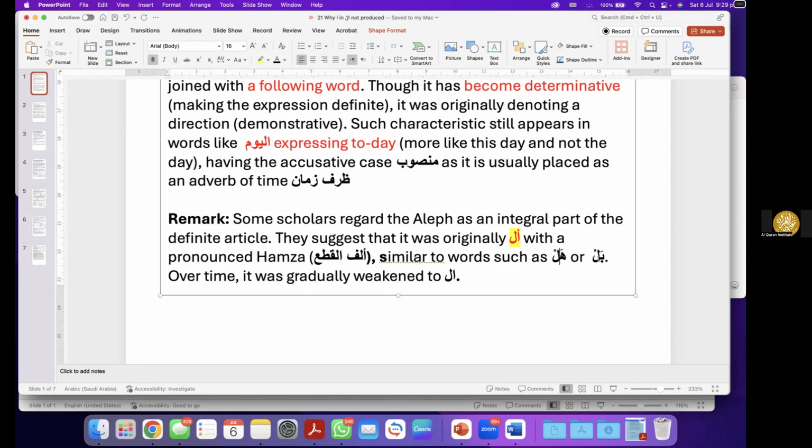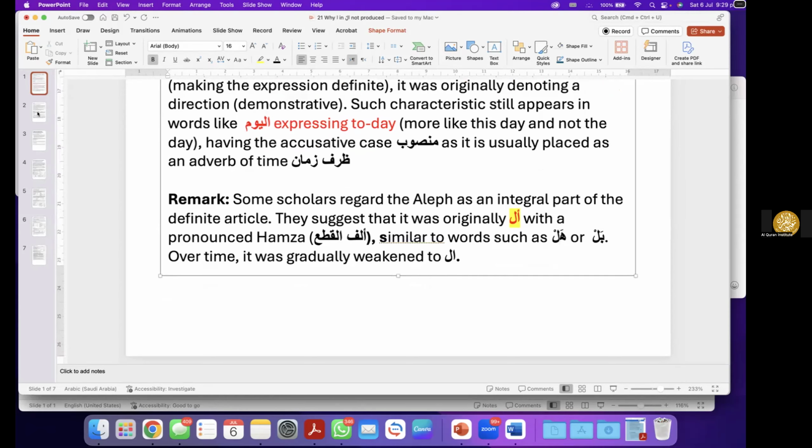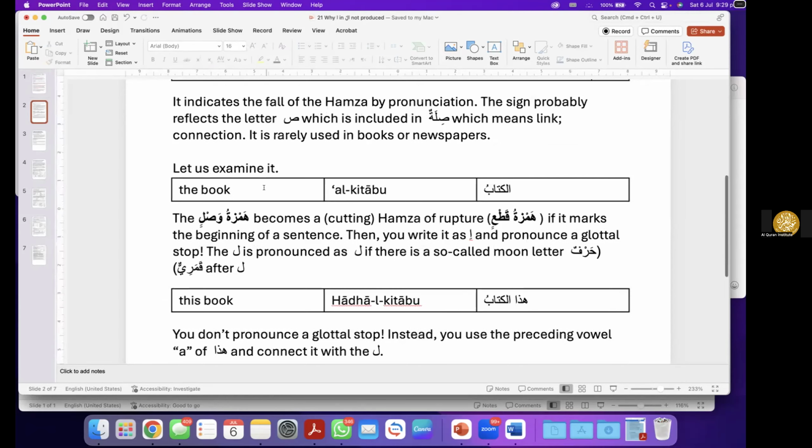So in the early days, some experts also said originally it was al, then over time it was gradually weakened to just al without hamza. This information I wanted to share with you. It doesn't change any grammar rules, nothing. It is the history, okay? That's one.